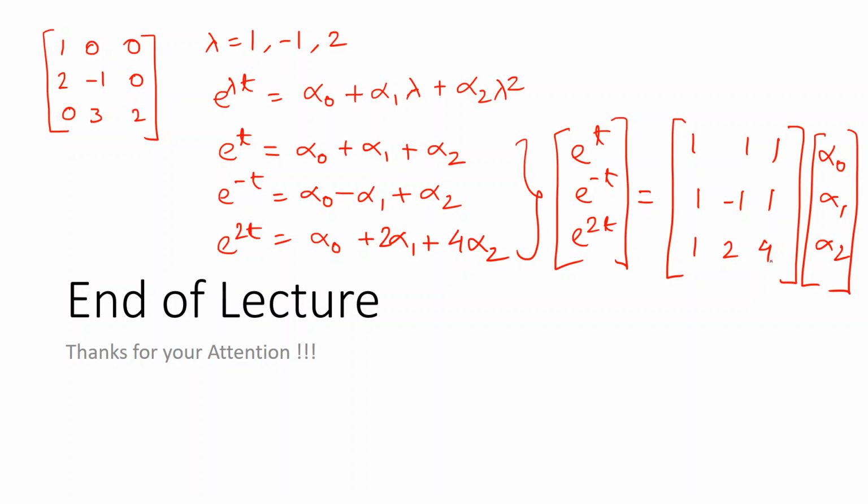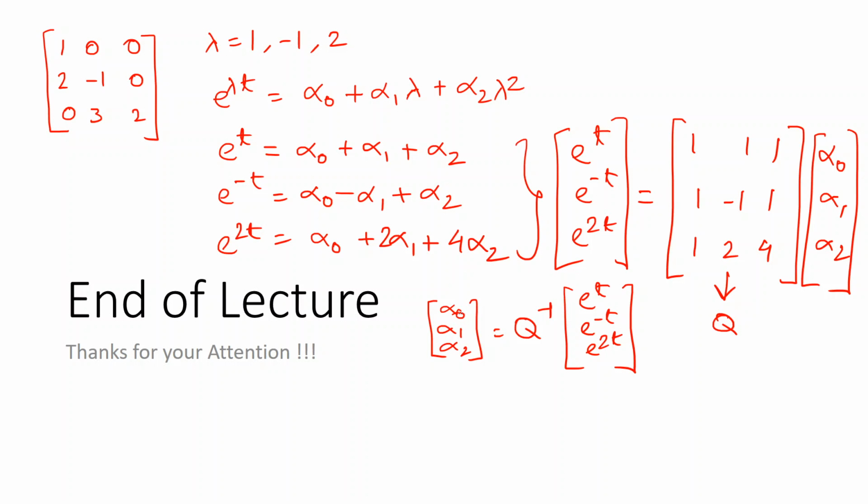Now you have to solve. So if you call this matrix some matrix, say Q, then you have your alpha 0, alpha 1, alpha 2 as Q inverse times e to the power of t, minus t, 2t.